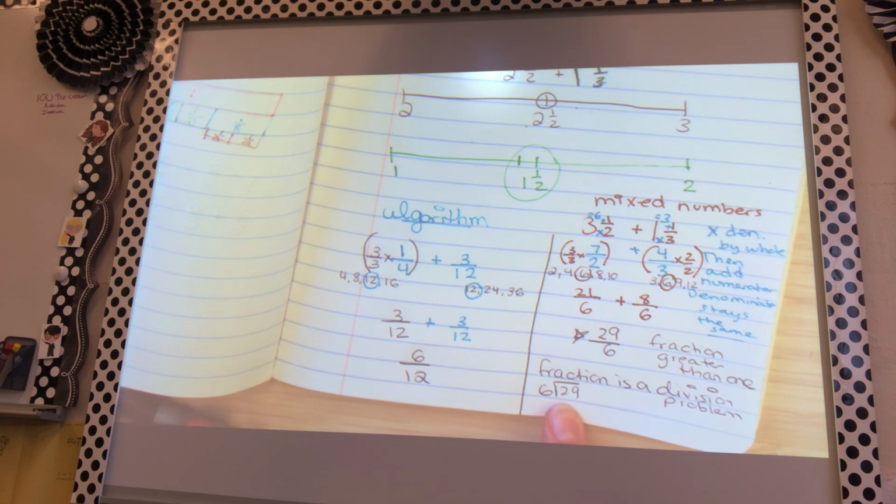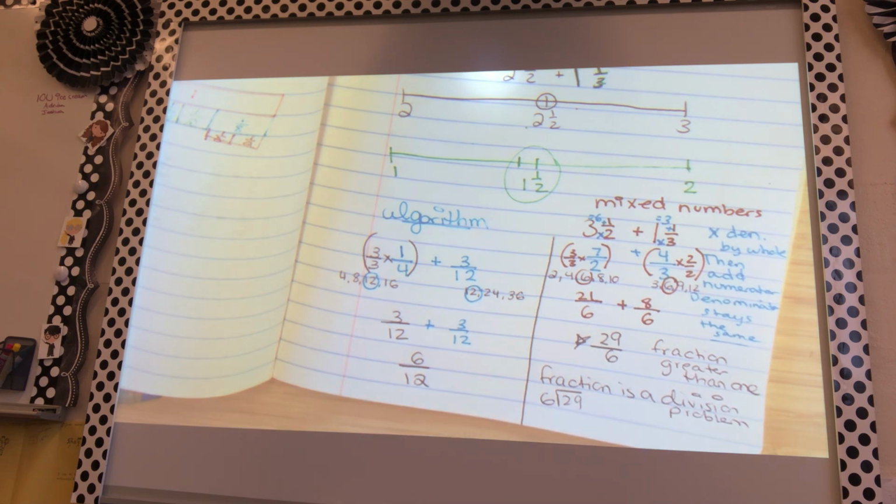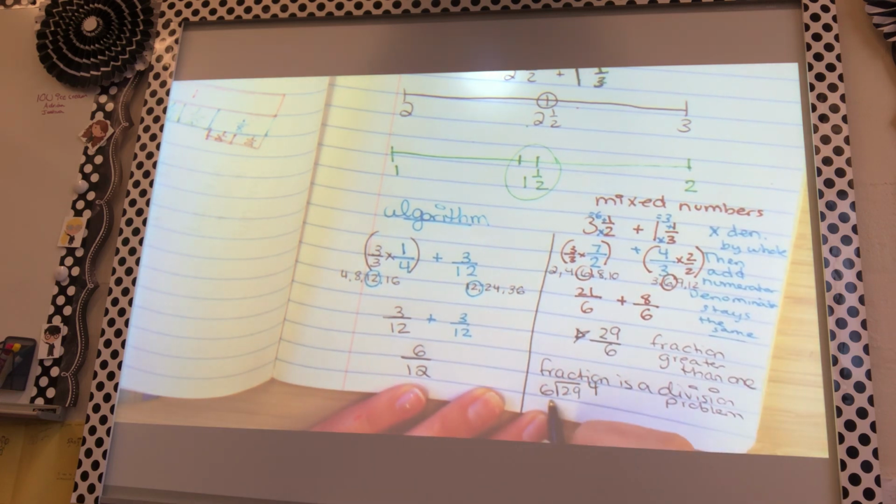I do not start in my tens, I start in my ones. And 6 times what would give me close to 29? 6 and 6 is 12, 12 and 12 is 24, but 6 times 5 would be 30, so that's too big. So 6 goes into 29 4 times, which is 24. I subtract and I get 5.